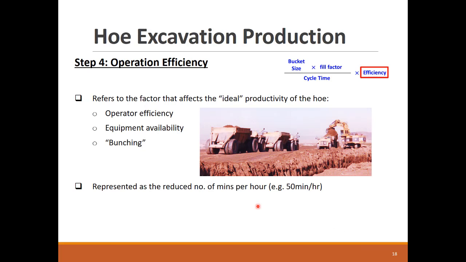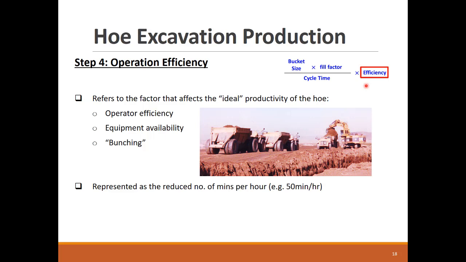The fourth step in estimating the excavator production is to assume an efficiency level for the operation. Usually, the production rates available from the equipment manufacturer are ideal rates under specific conditions and are not dependent on other equipment or machines.